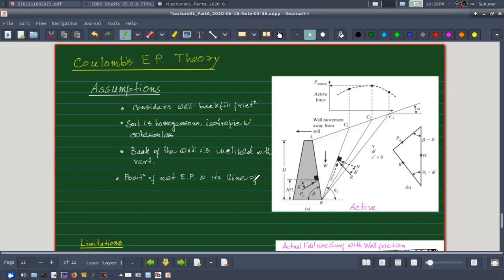That means direction is known. Okay, so this is another assumption.